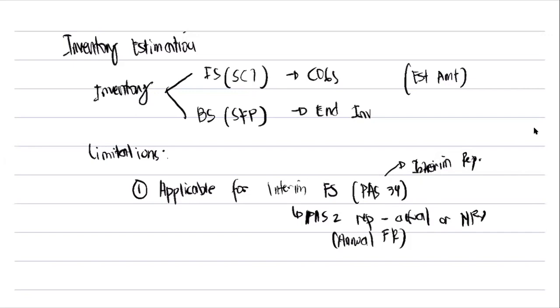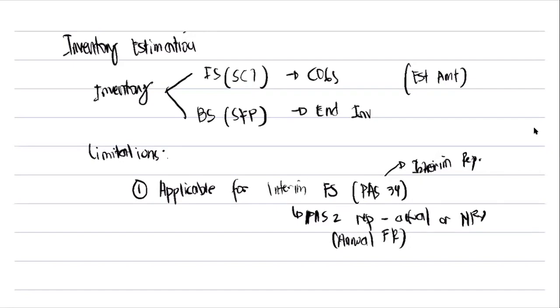Soon, when you apply PAS 2 in your workplace, you must apply PAS 2 for annual reporting, but you can report in your interim financial statements an estimated amount. Why so? Because normally getting the value of your inventory is too costly. Why is it costly? It takes too much time to count your inventory, especially if the company has branches.